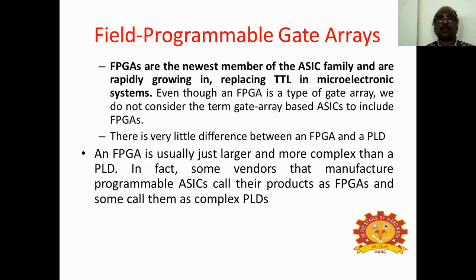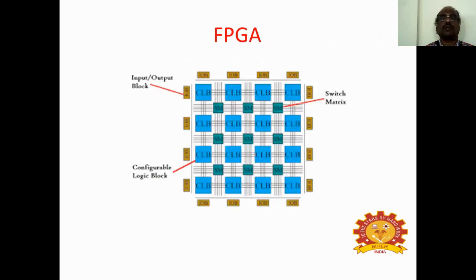In this field programmable gate array, we use configuration logic blocks and an input switch matrix. SM is called the switch matrix, and CLB is called the configuration logic blocks.